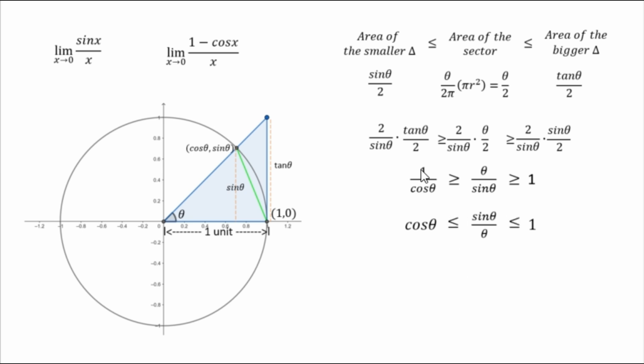So we take the reciprocal of this as well as this, and we reverse the direction of the inequality. Again, that is possible in the interval from negative pi over 2 to positive pi over 2.